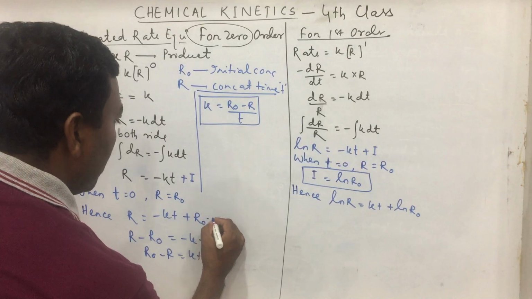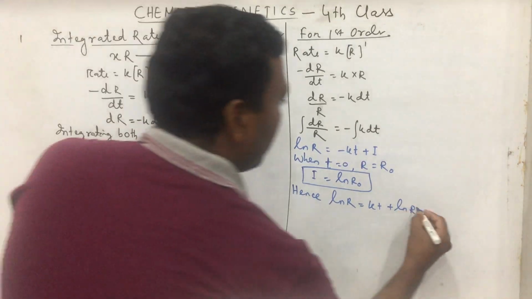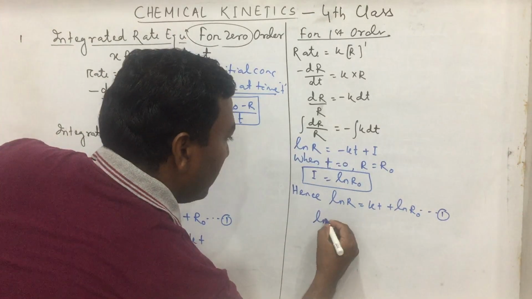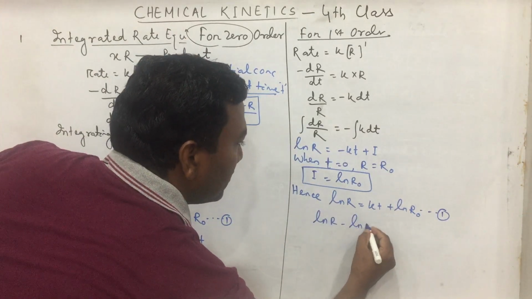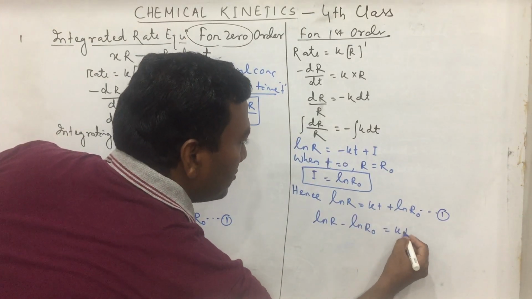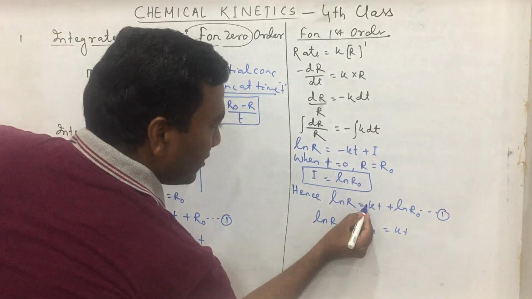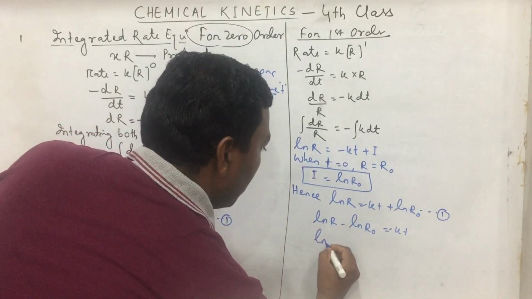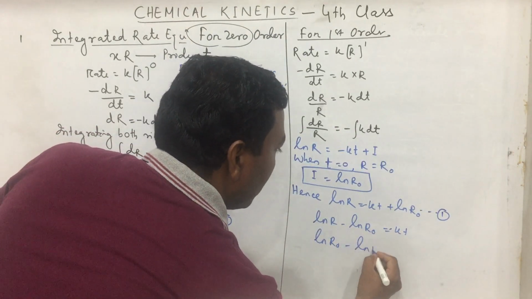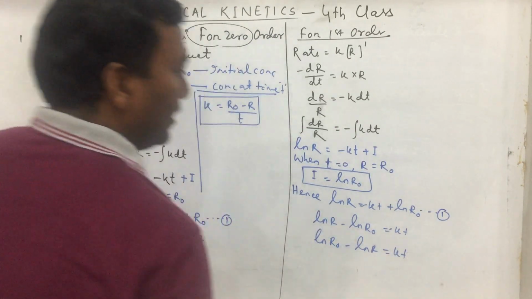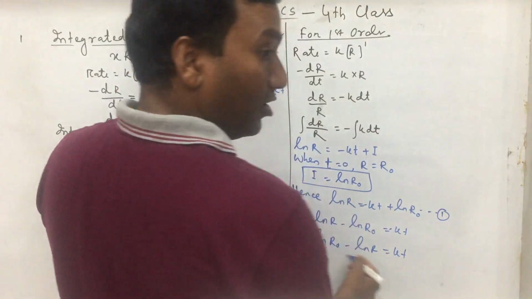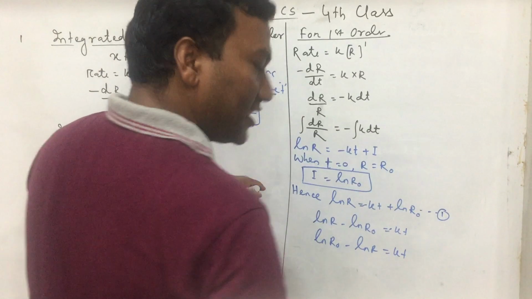Here also mention equation 1. Similarly, ln R minus ln R naught equals minus Kt, or ln R naught minus ln R equals Kt. Or we can write log x minus log y equals log x by y.